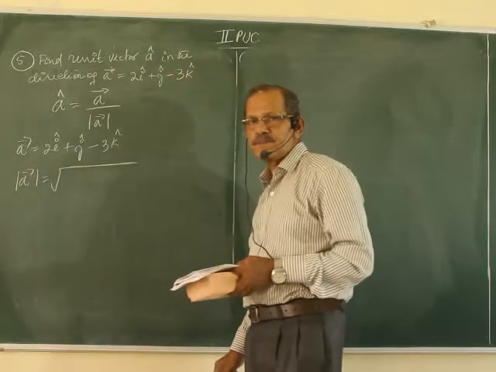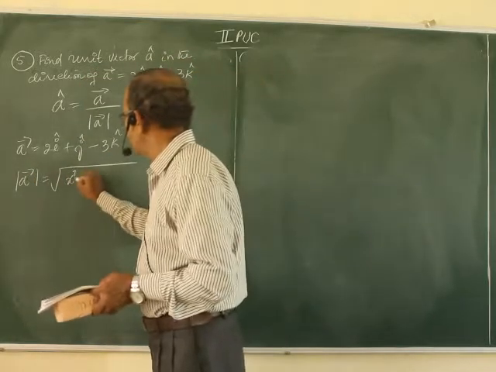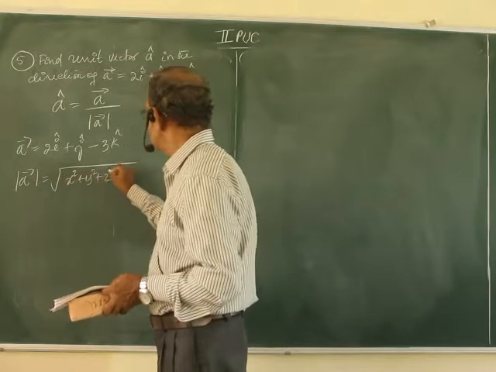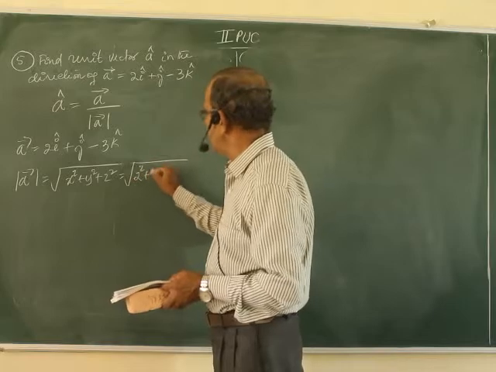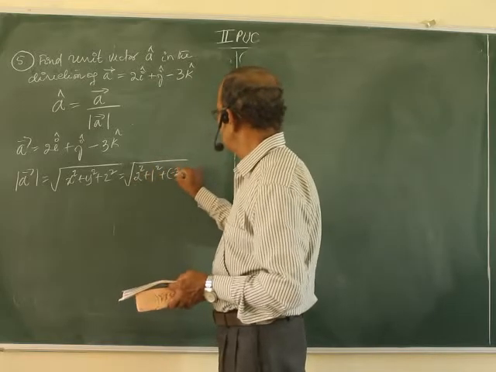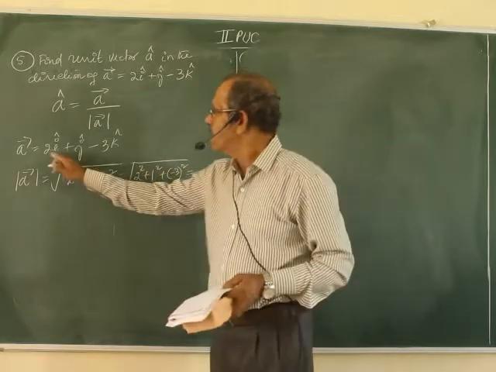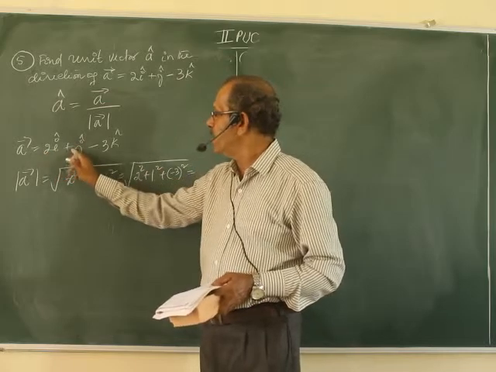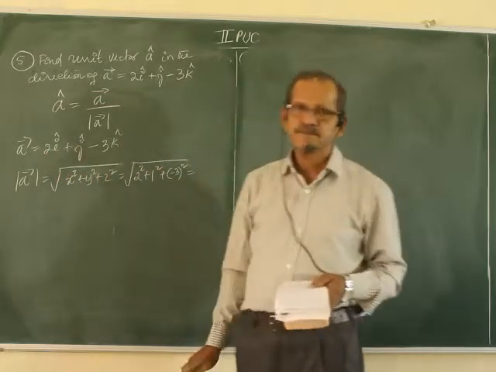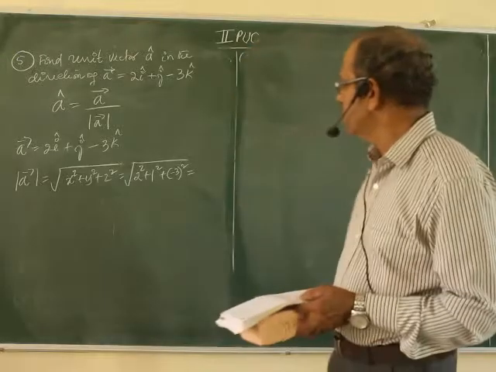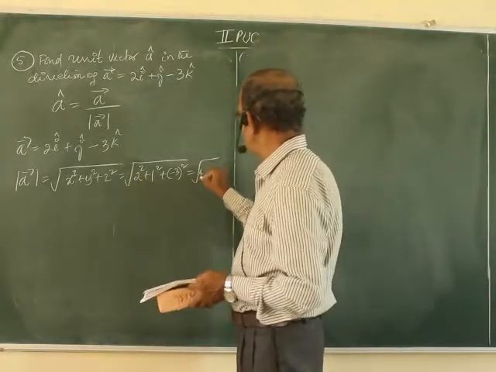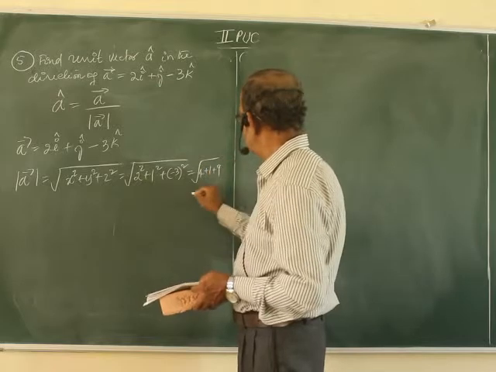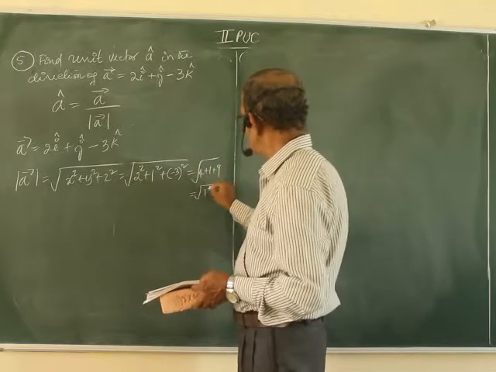Root of x square plus y square plus z square, if it is the formula, answer is 2 square plus 1 square plus minus 3 square. X, y, z. Or it is 4, 5, 9, root 14.